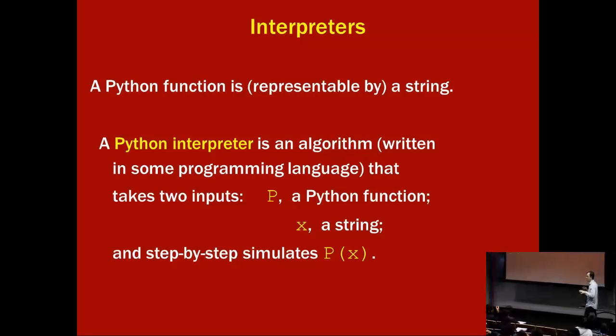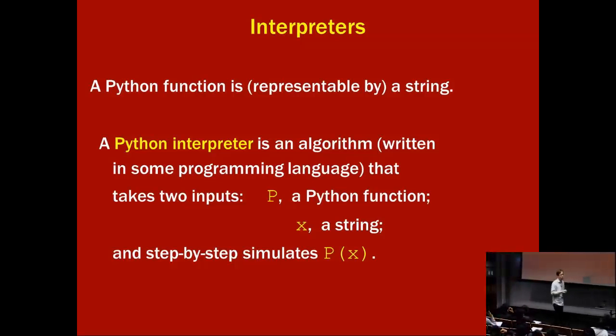Let's talk a little bit more about interpreters, because that's an important concept. Let's say we're doing a Python interpreter. A Python function or program is just a piece of code, like a .py file. It's just some text. In fact, you can just think of it as a really long string. So what's a Python interpreter?